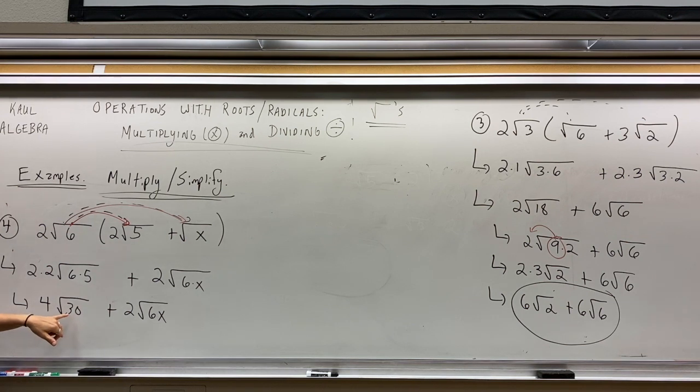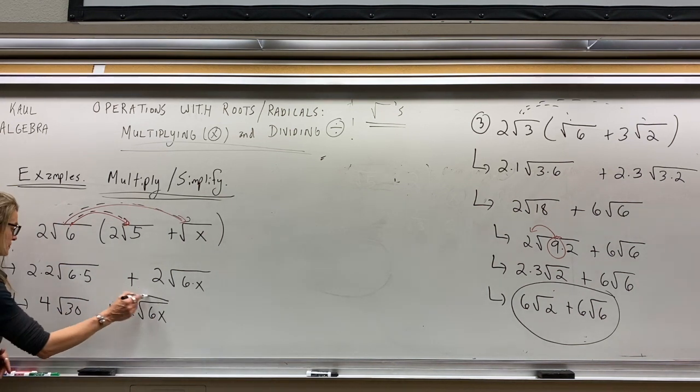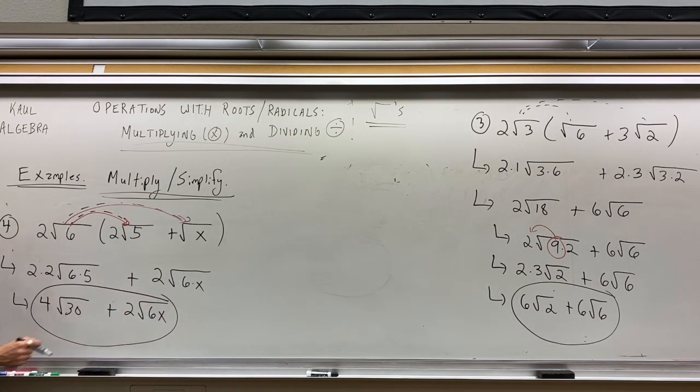Let me look at all the factors of 30. We have 1 times 30, 2 times 15, 4 times nothing. So 4 is not 5 times 6, so none of these work. So we'll have to leave it at that. These are not like terms. So this is as far as we can go for that one.